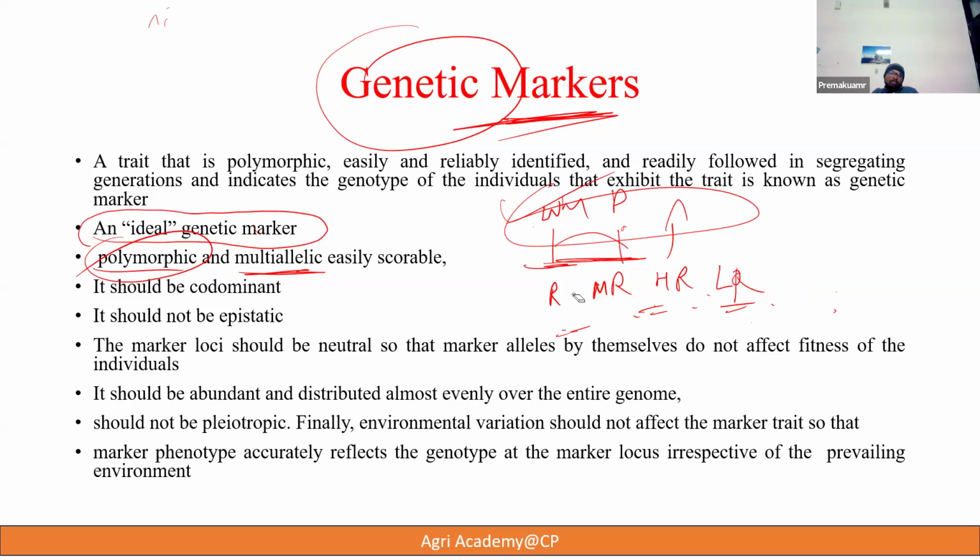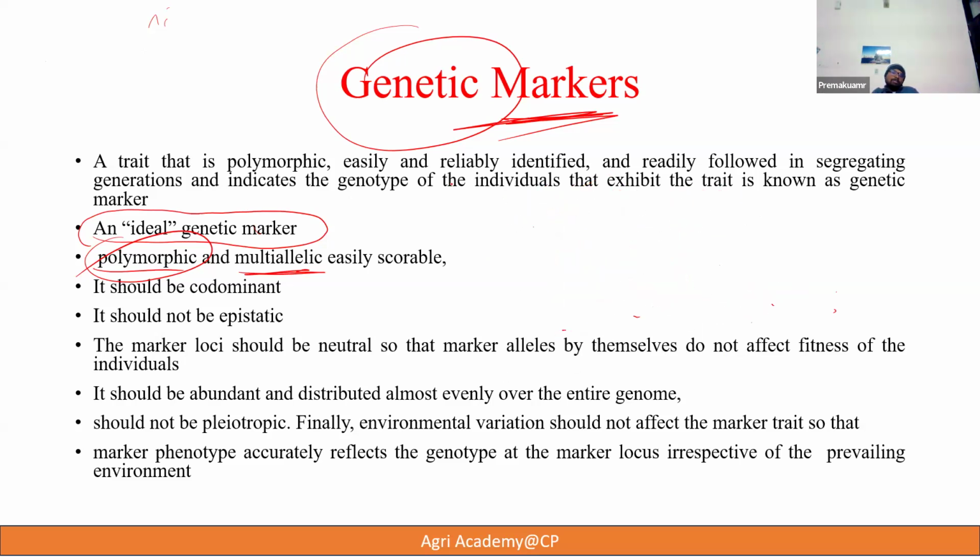Ideally, a marker should have more alleles. I will explain while explaining SSR or any other molecular marker why a particular marker should have more alleles so that you can select better. As of now, remember it should be polymorphic and multi-allelic. It means you should have more alternative forms.